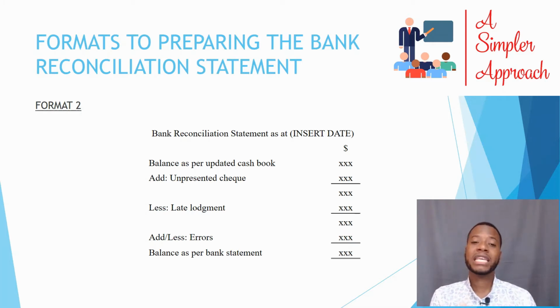And then after the cash book is updated, that is why you see here balance as per updated cash book. Because putting information in would mean that the balance of the cash book would change. Okay? So you'd use the updated balance, sort out your unpresented check and your late lodgement, and the errors, if any, and then you come to the balance as per bank statement.